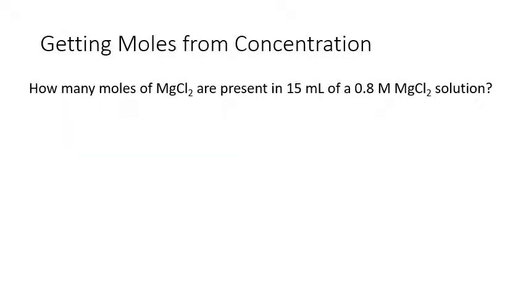And then if we had a concentration, sometimes if we had moles and liters, we could figure out how many moles per liter there are. If we have moles per liter, like we do here, where we have 0.8 moles per liter, and we have a volume in milliliters, we can figure out how many moles there are. So we can use the backwards calculation and figure out how many moles we have, given that we already have a concentration and a volume.